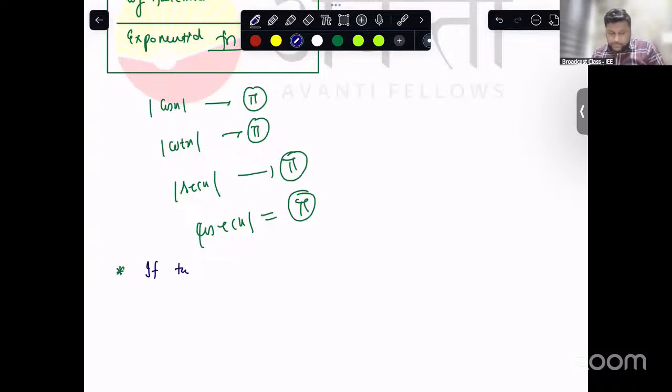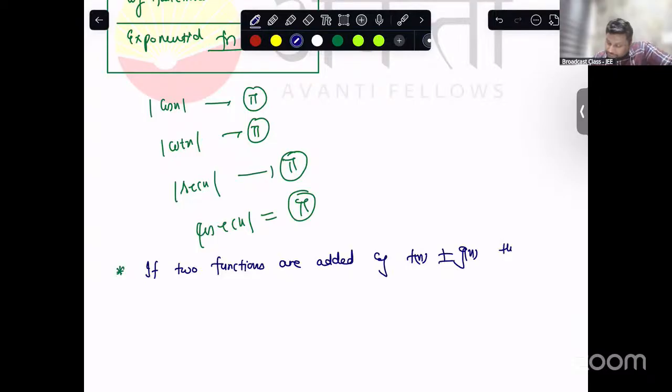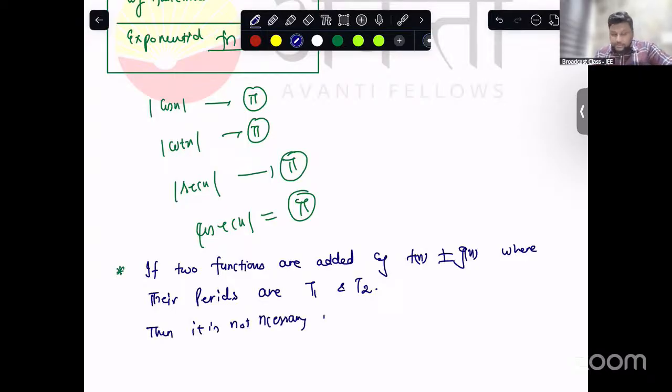Now, another rule. If two functions are added or subtracted, like f(x) plus or minus g(x), where their periods are T1 and T2, then it is not necessary that f(x) plus or minus g(x) will be periodic.